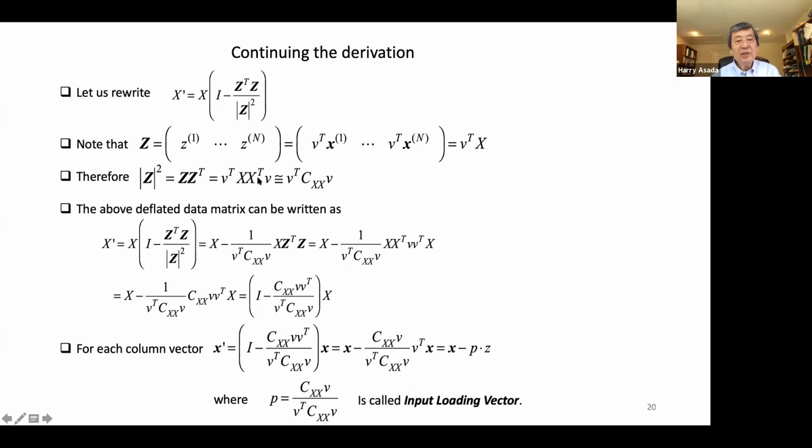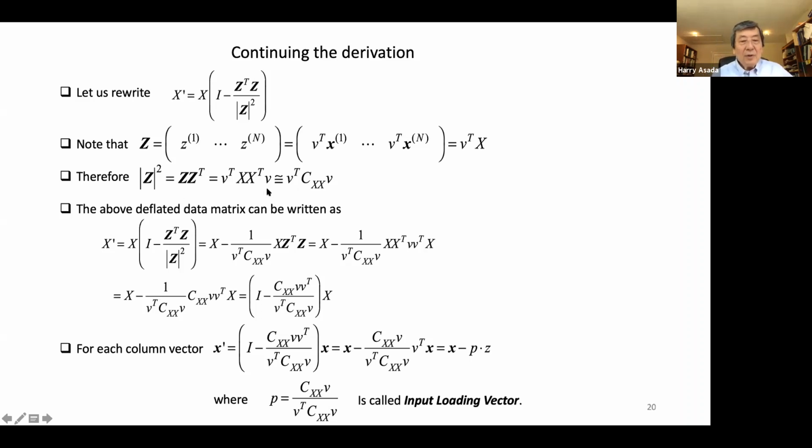XX transpose, as we discussed before, if we have enough data points, represents the covariance CXX times V. Are you okay? Replacing this by this. If you just write it down, you can find that for large N, you can see this kind of thing.